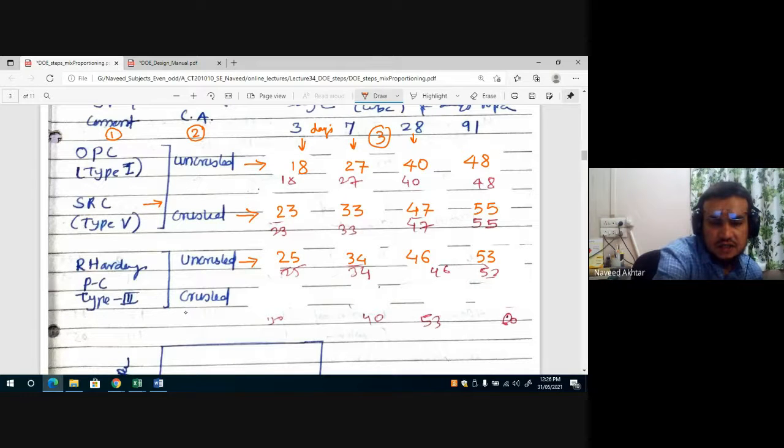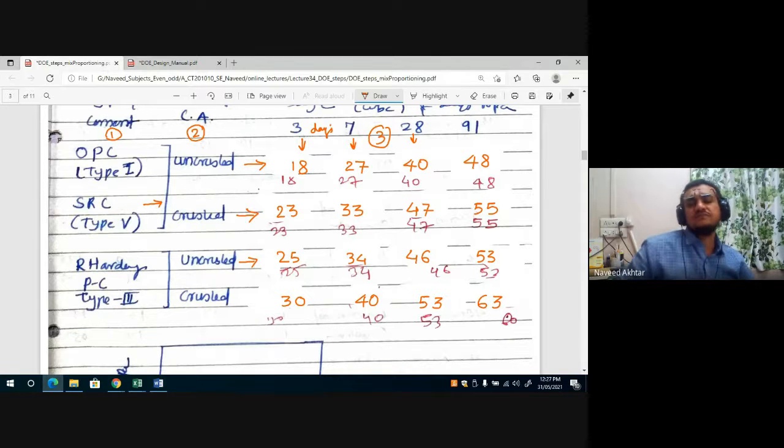If this is crushed aggregate, then this value will be 30 for 3 days. For 7 days, the value is 40 Newton per mm square. For 28 days, it is 53 Newton per mm square. And for 91 days, it is 63 Newton per mm square.